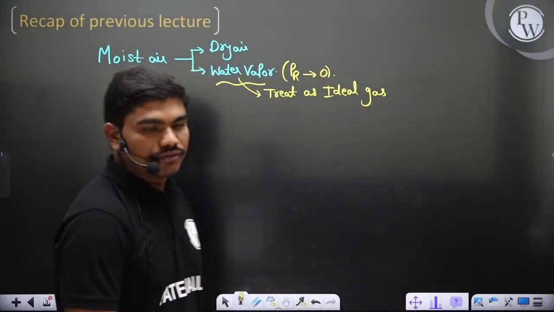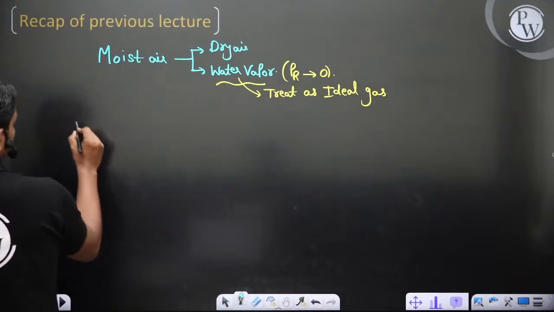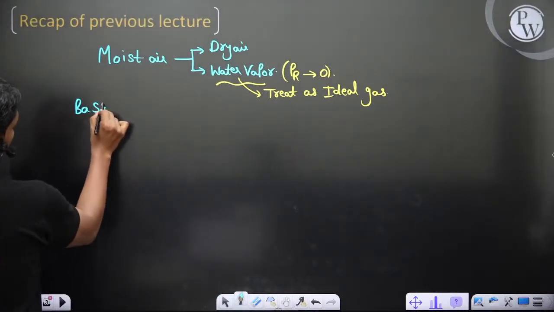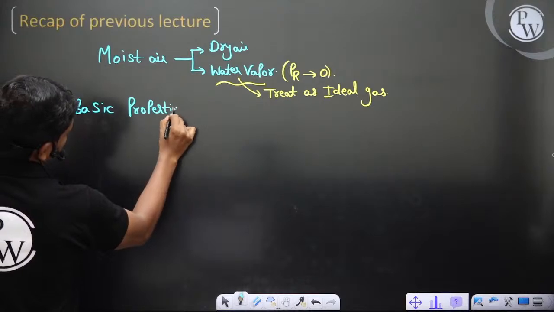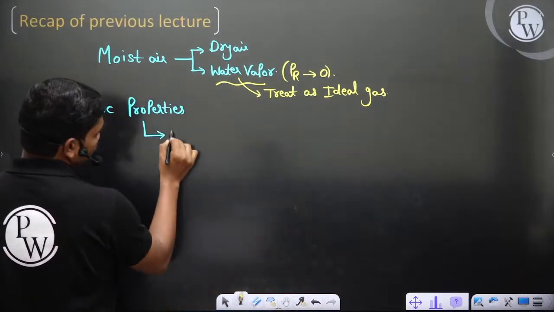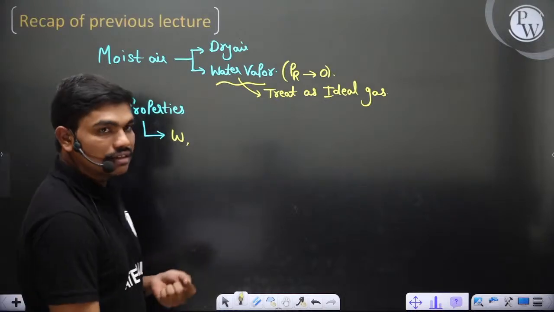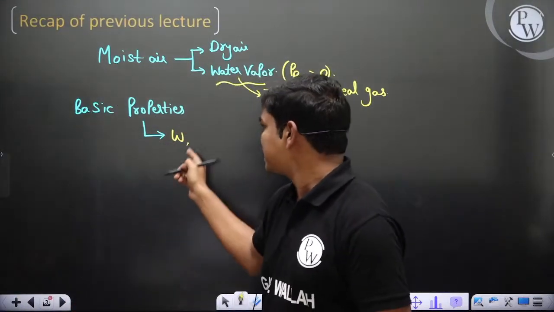After this we started looking at basic properties. What are these basic properties? In a given amount of moist air, the amount of water vapor present is measured with the help of specific humidity or absolute humidity, which we calculated as omega.